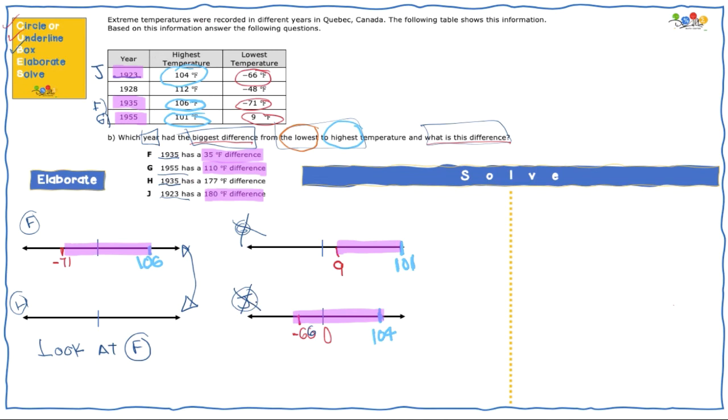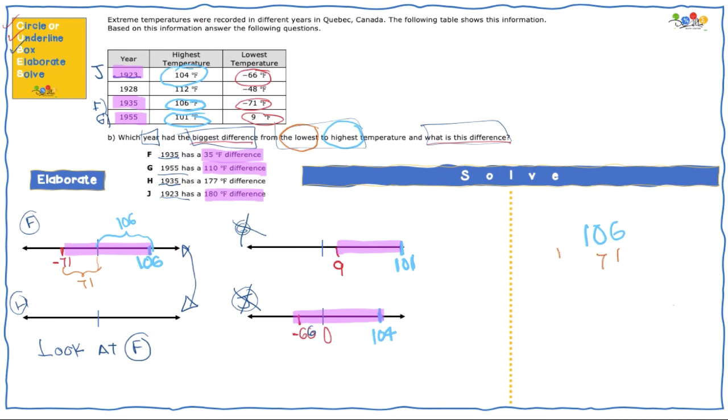Now I'm going to look at F and H, and I'm just going to compare the difference for those two values, and I'm going to do my operations on the side. The distance from 0 towards this value is 106, and the distance from 0 towards this value is 71. So we're going to put together those two distances so we can find all the space that we highlighted in pink. The first one is from 0 towards 106, and the second one is from 0 towards negative 71.